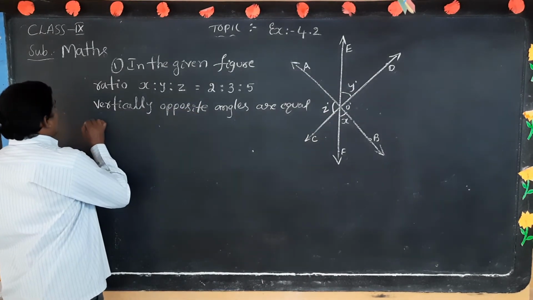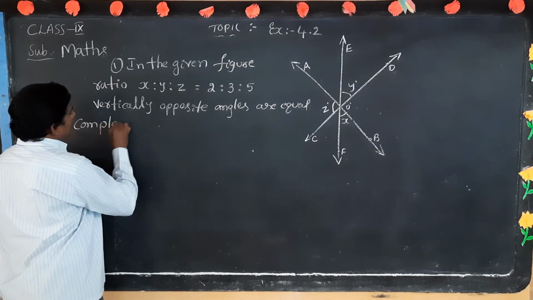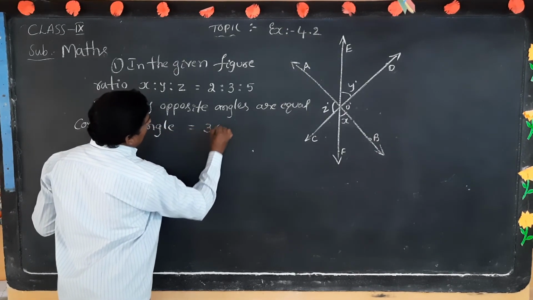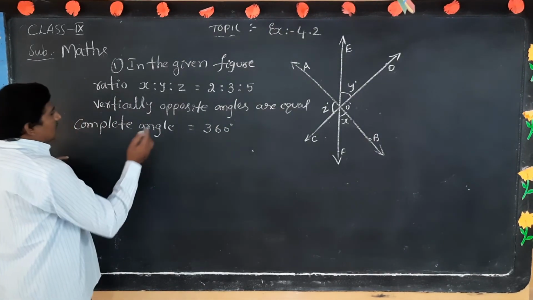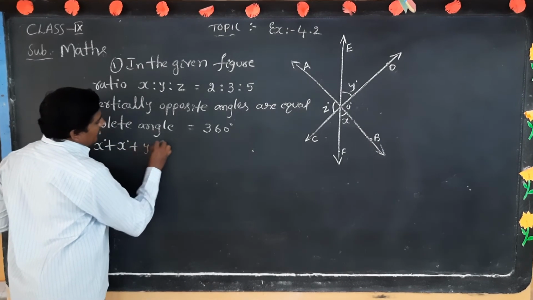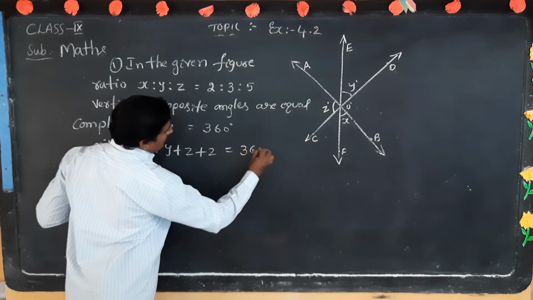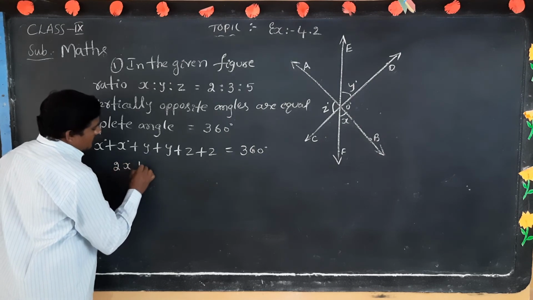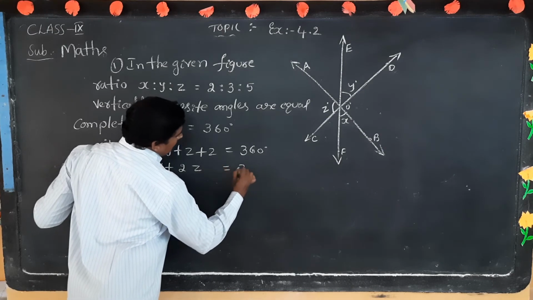Then the complete angle is equal to 360 degrees. So x plus x plus y plus y plus z plus z is equal to 360 degrees. That is 2x plus 2y plus 2z is equal to 360 degrees.